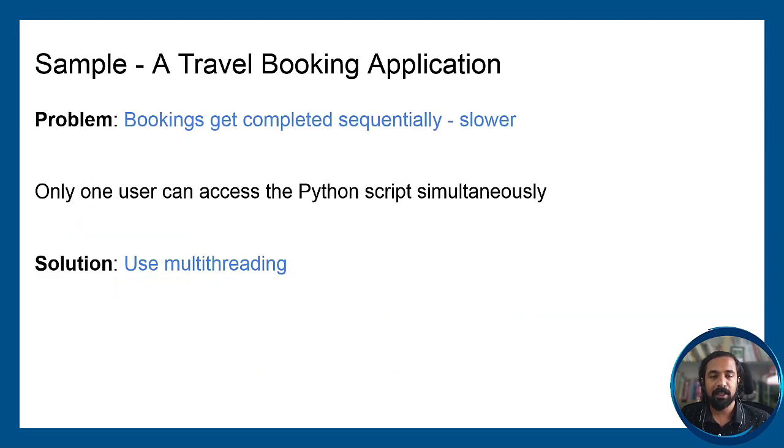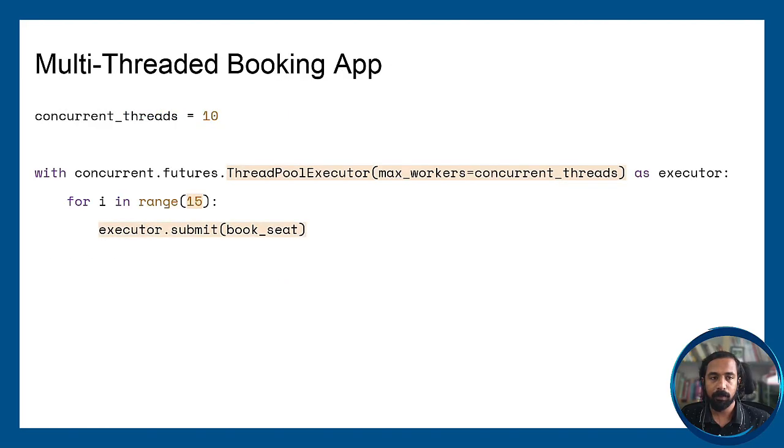So there is an issue with this script. In the case of this script, bookings get completed sequentially, so only one user can access this Python script simultaneously. As a solution, we can think of trying multi-threading in this scenario.